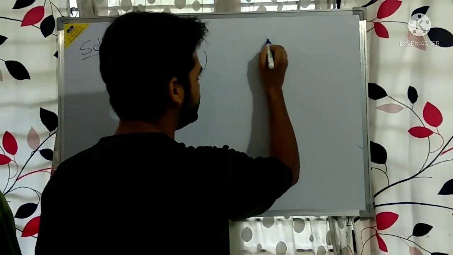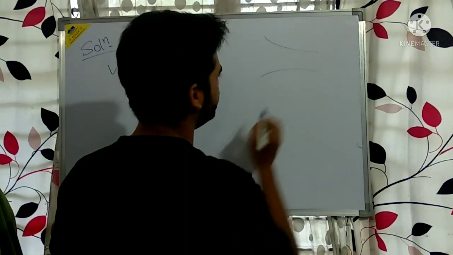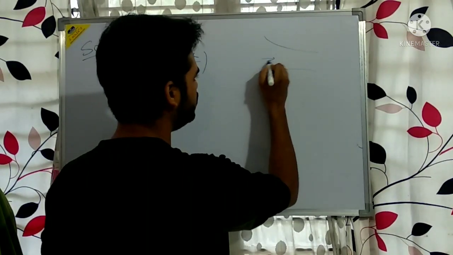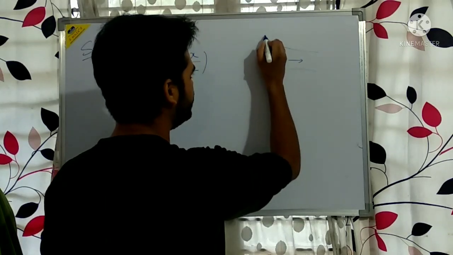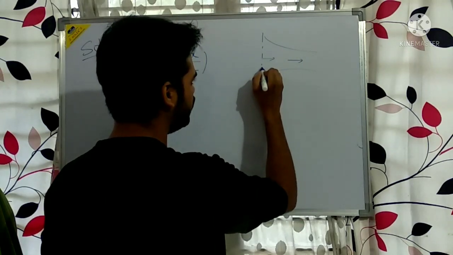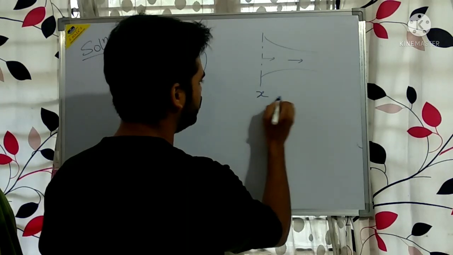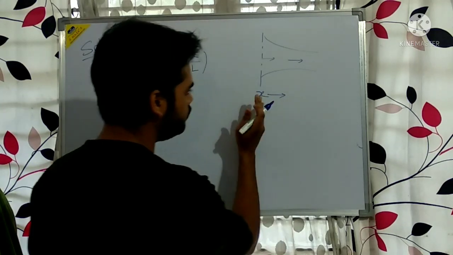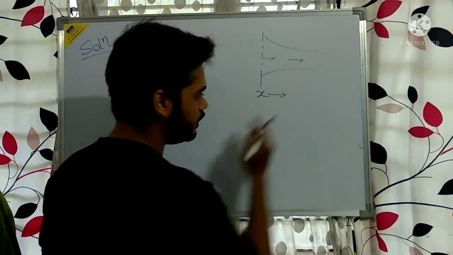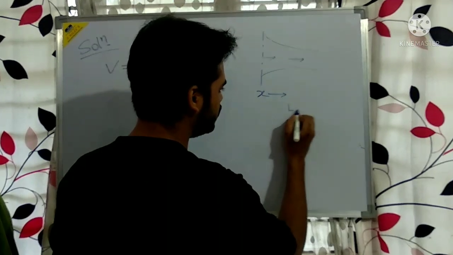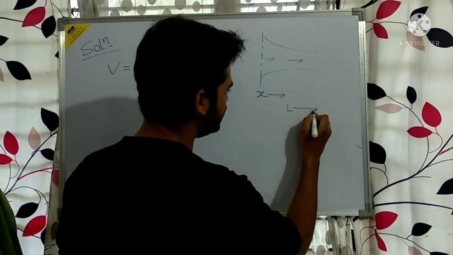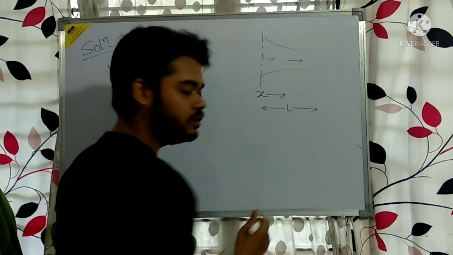So suppose this is the pipe, fluid is flowing like this, and it is the initial section of the nozzle, and x is increasing from here to here, and the total length of the pipe is given as L, right?